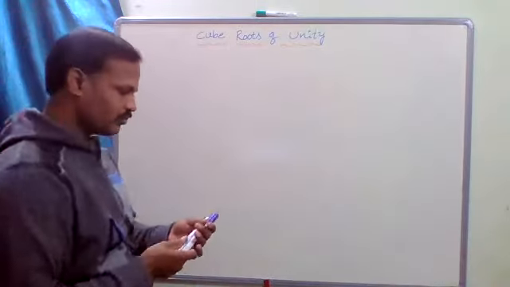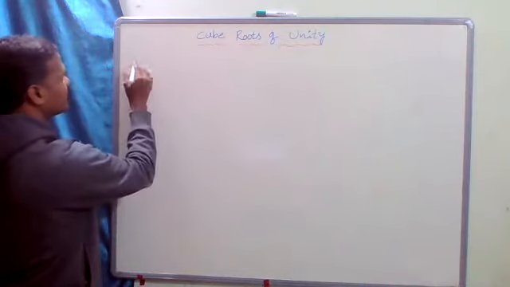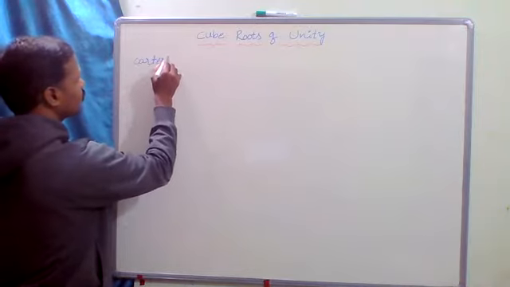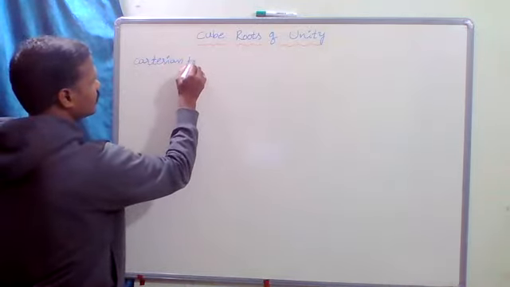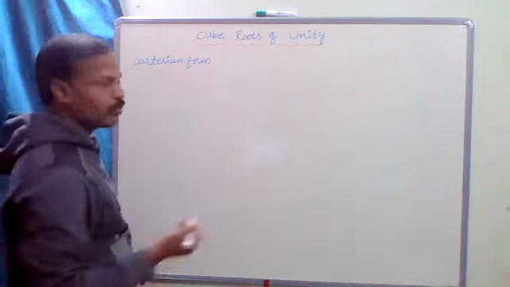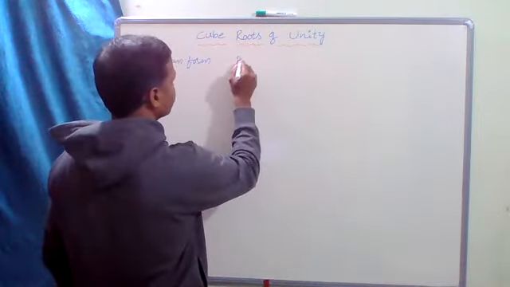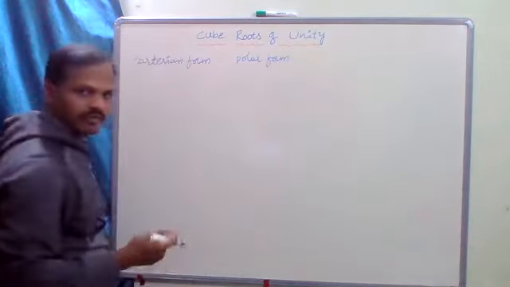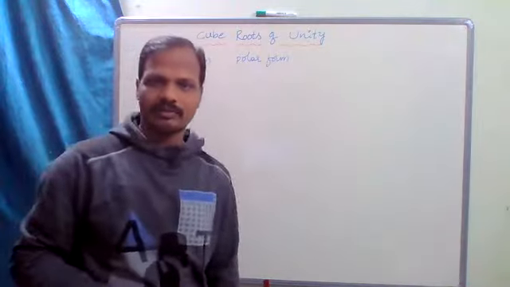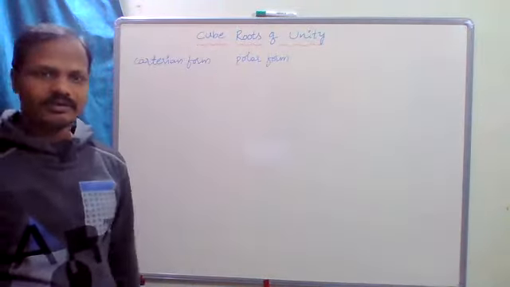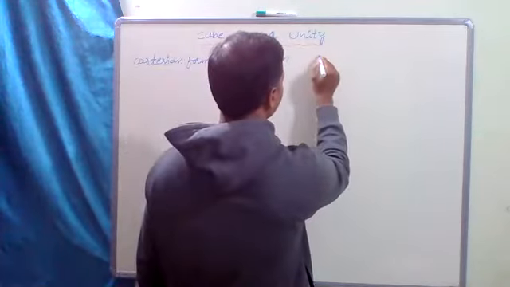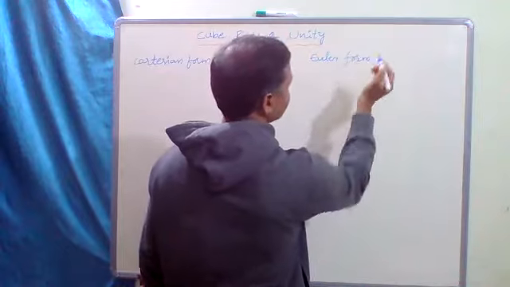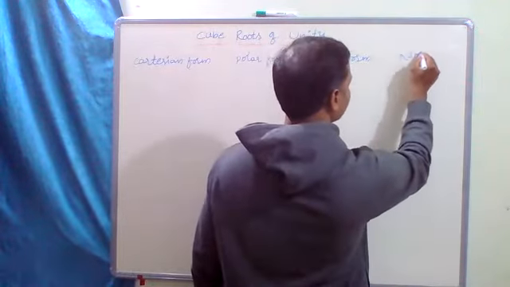In different forms means Cartesian form, polar form, which is also called trigonometric form, then Euler form, and at last notation.